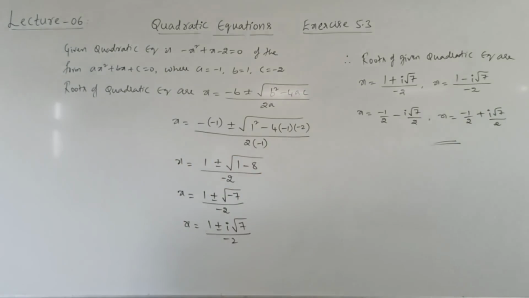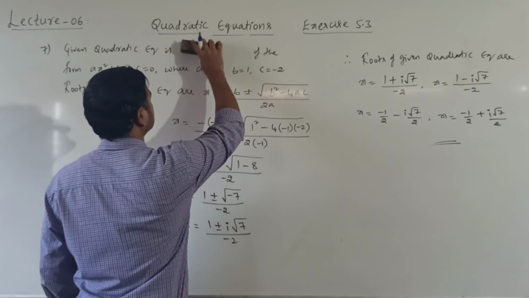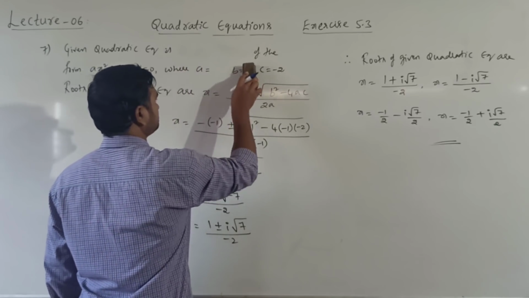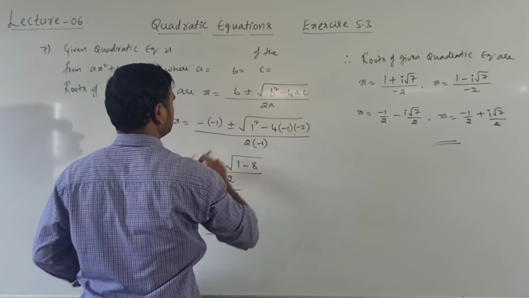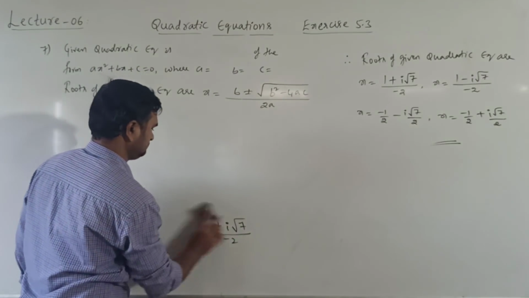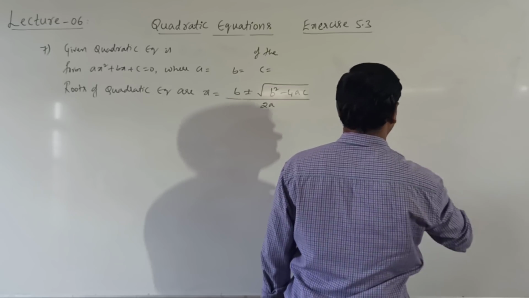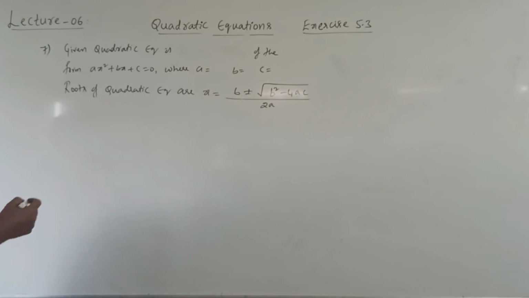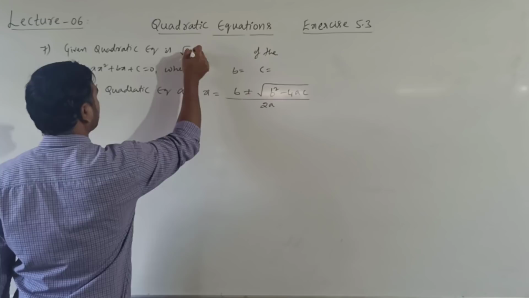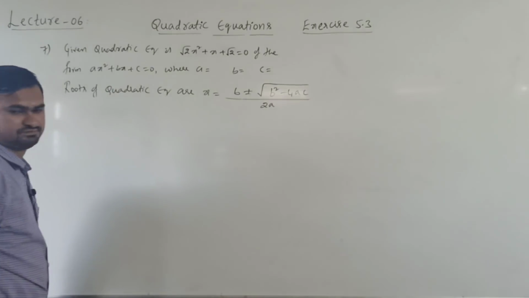Next, see question number 7. Given quadratic equation is root 2 x square plus x plus root 2 equal to 0.